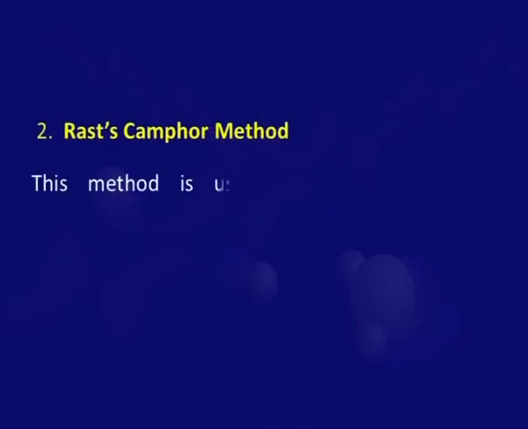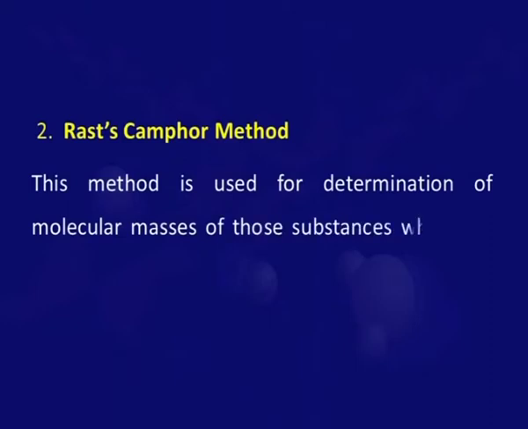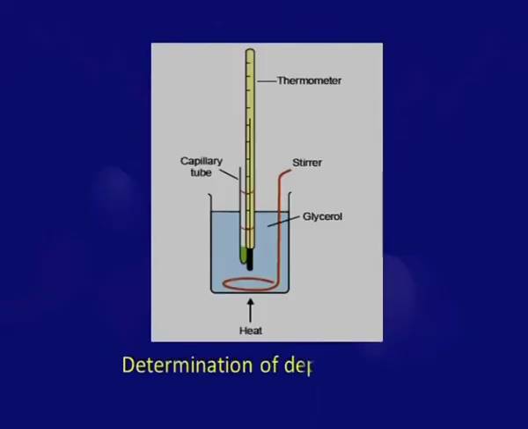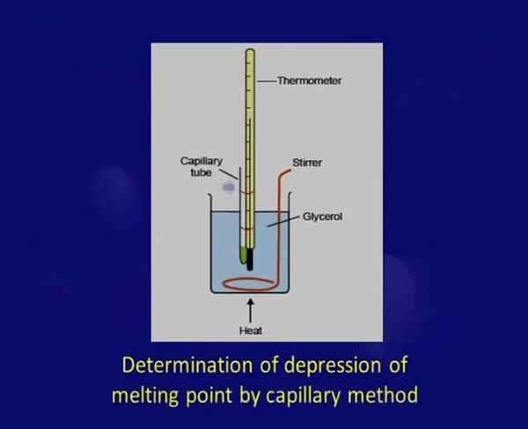Rast-Camphor method is used for the determination of molecular masses of those substances which are soluble in molten camphor. Pure camphor is powdered and its freezing point is determined with the capillary method. In this method, a capillary is used which is sealed at the upper end and the freezing point is recorded in a glycerol bath.